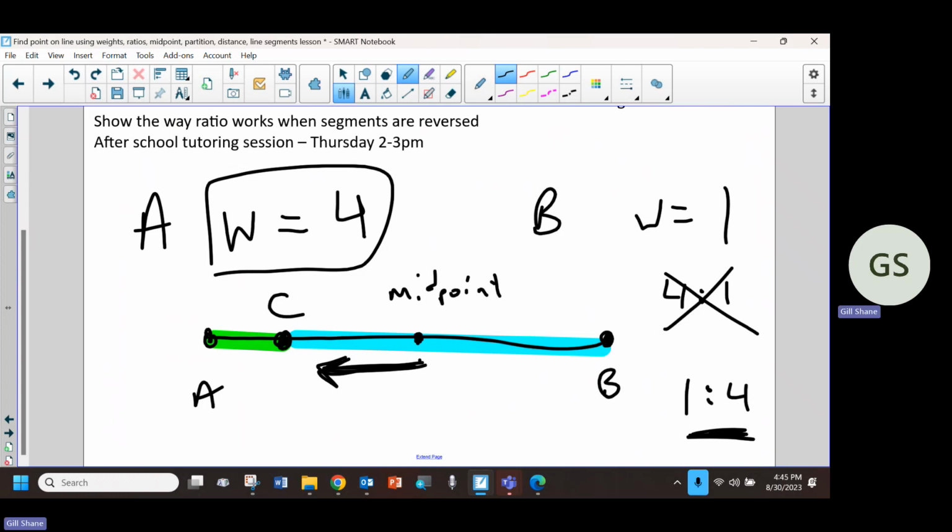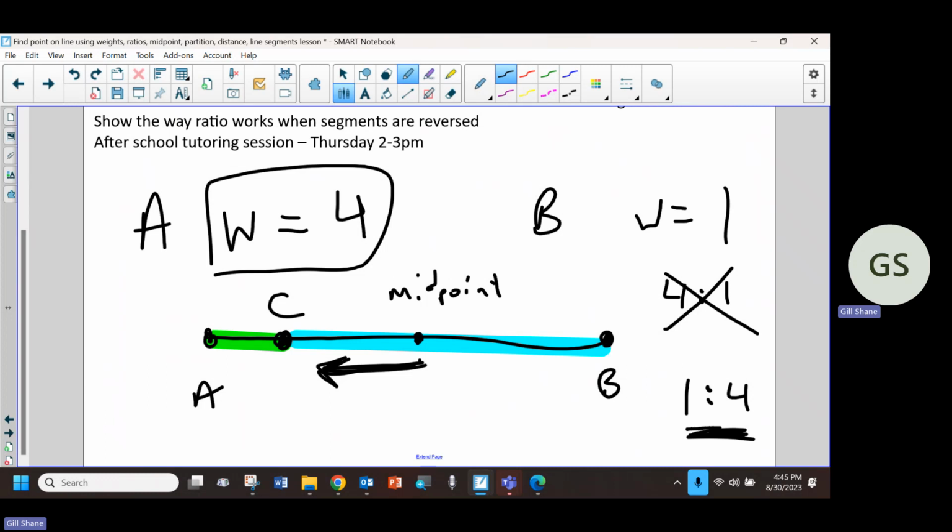Now, there could be multiple other points on there. You don't count points. It does not mean there's 4 points on the left and 1 on the right, or 1 on the left and 4 on the right. It has nothing to do with how many points. Weights have to do with how important point A and B are. A is way more important, so it pulled the midpoint left.